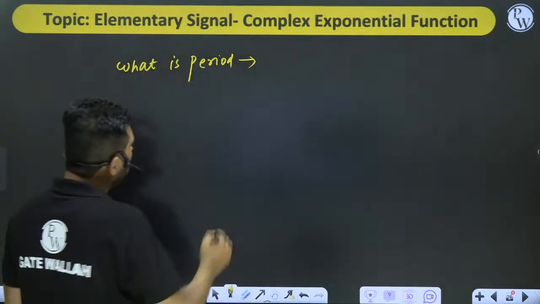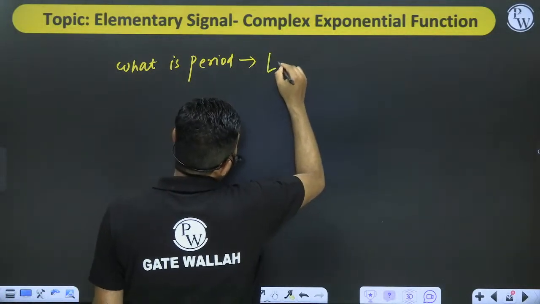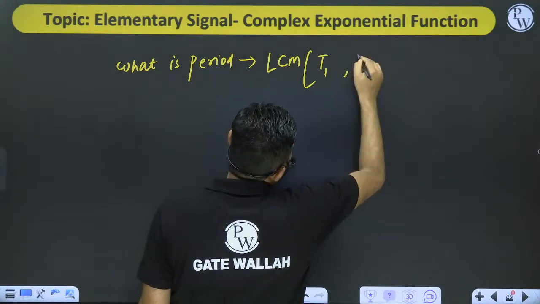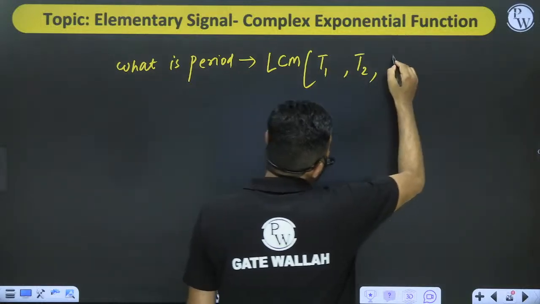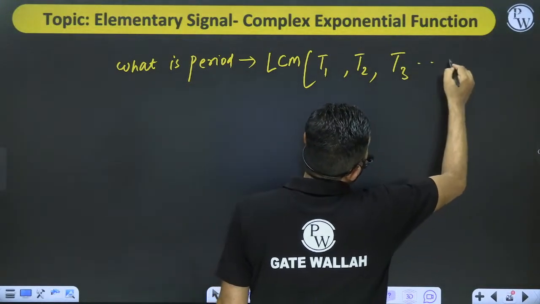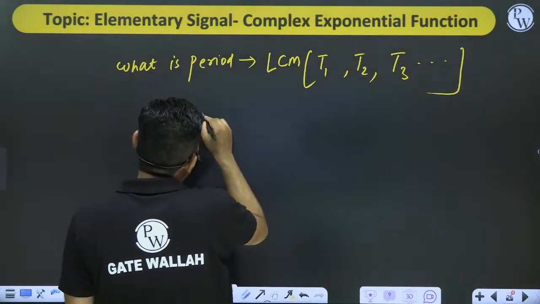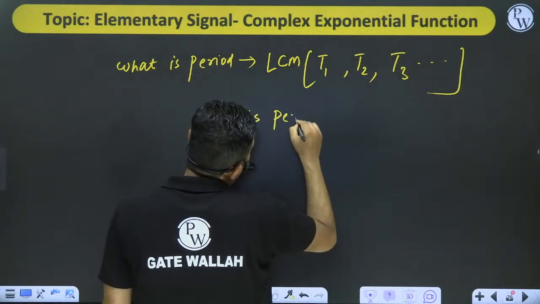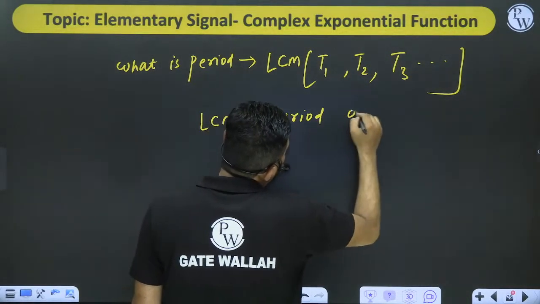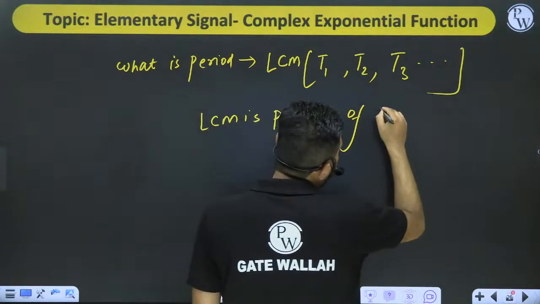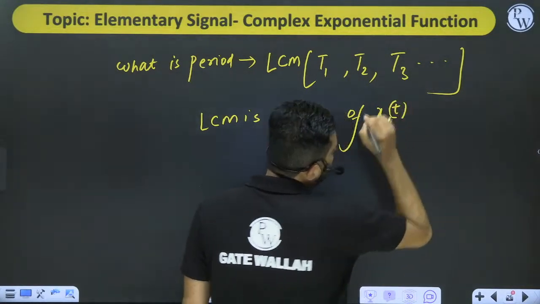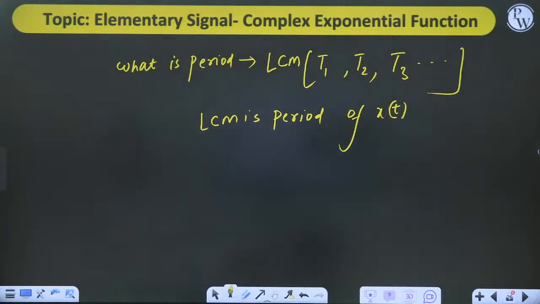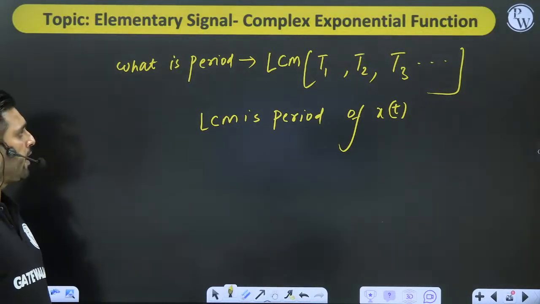Period is: take the LCM of T1, T2, T3 up to so on, and that LCM is the period of x of t.